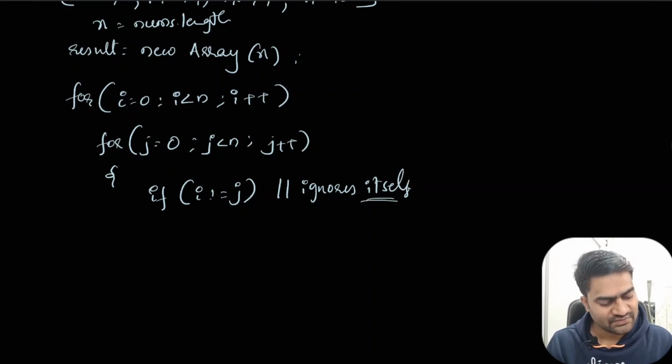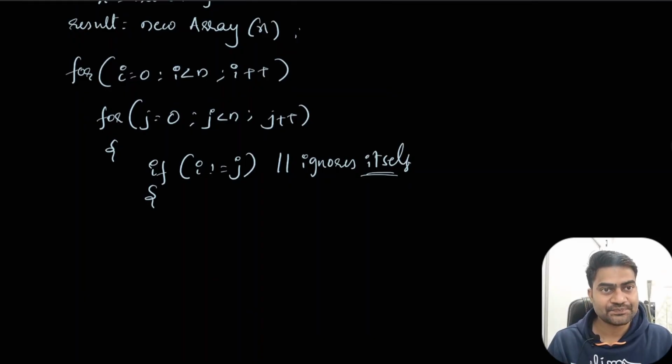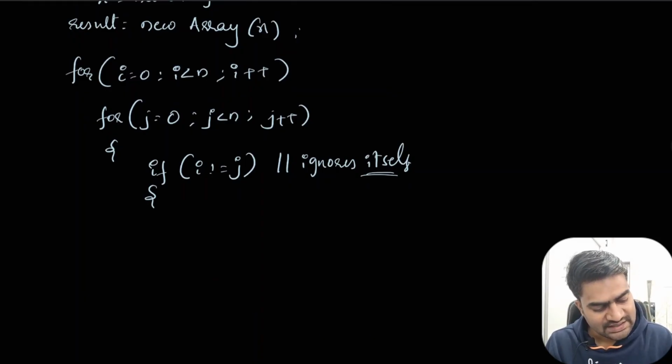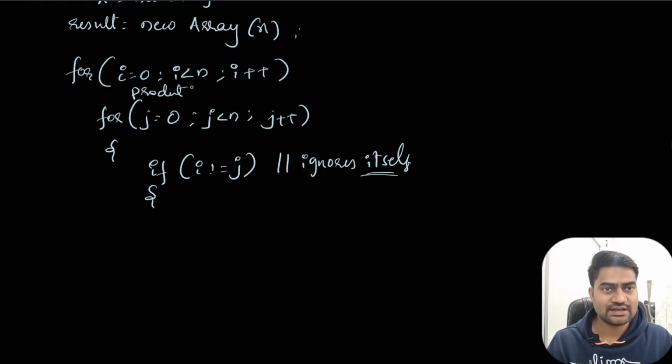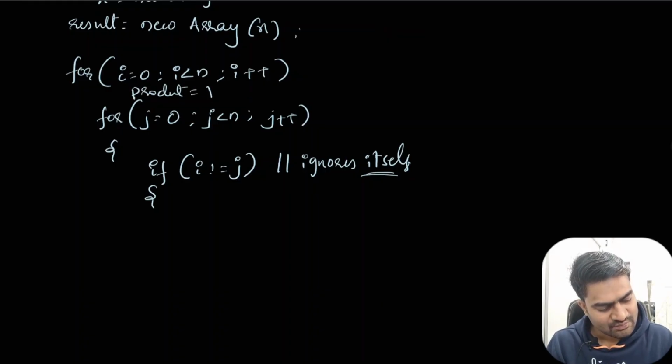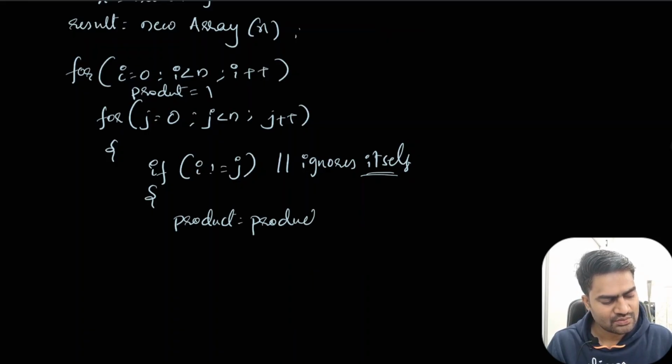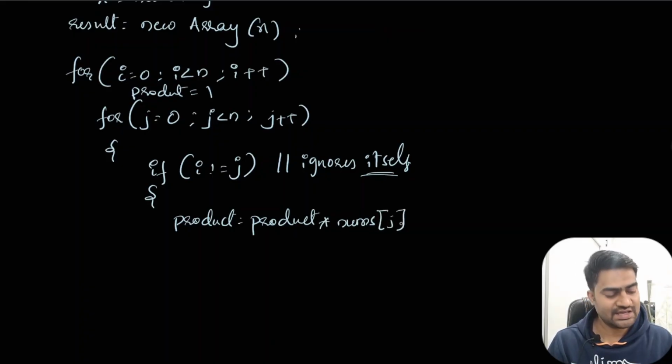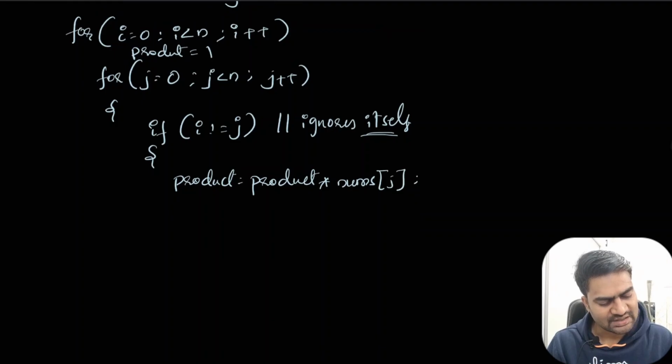Then if this is not the case, what I will do, but before this, I will have to consider product equal to 1. Then I will say product equal to product into nums of j. This way I will multiply.